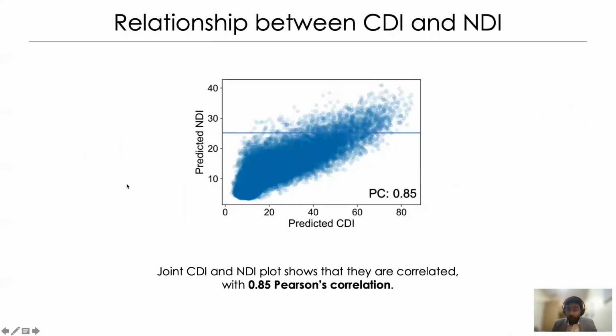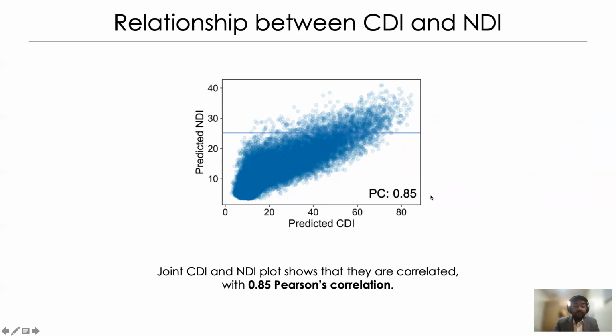Now, before we move on to the experimental section, we faced a very unique challenge, and that challenge was, are CDI and NDI related, or does it not even matter? When we plotted the predicted CDI and NDI for a set of 30,000 random sequences, we observed that the Pearson's correlation between predicted CDI and predicted NDI was pretty high, with a Pearson's correlation value of 0.85.